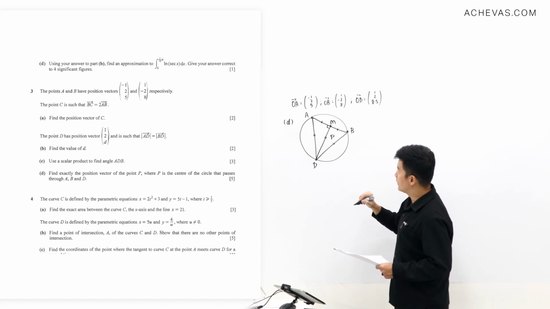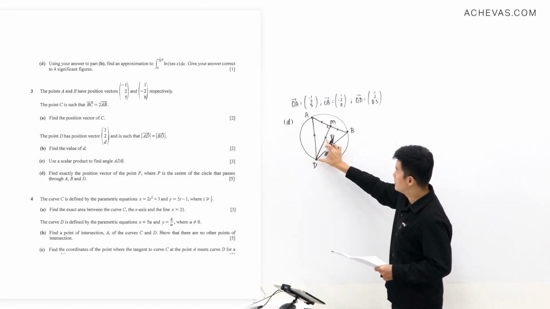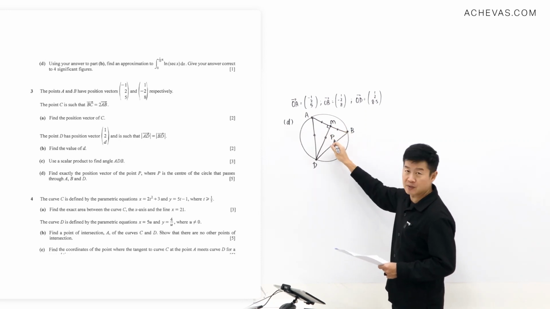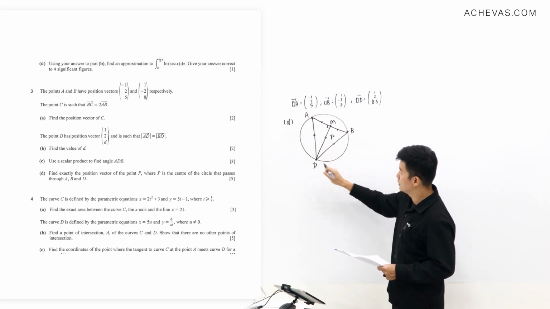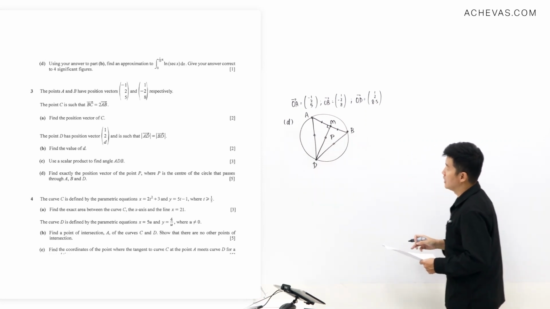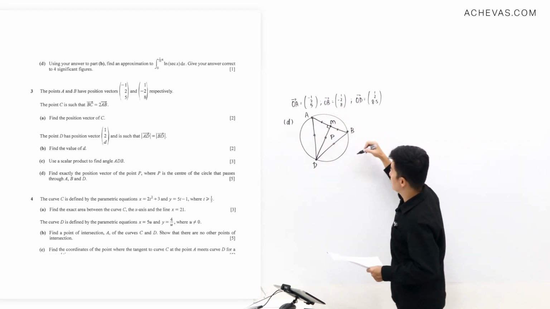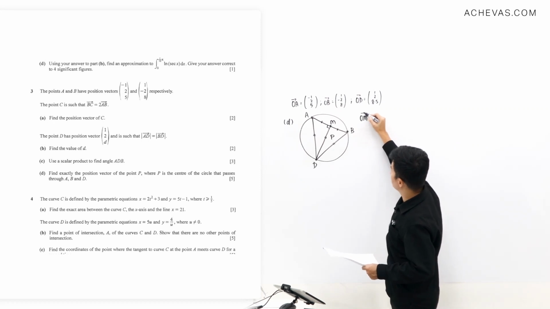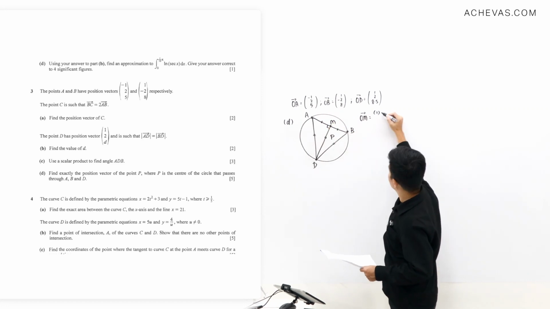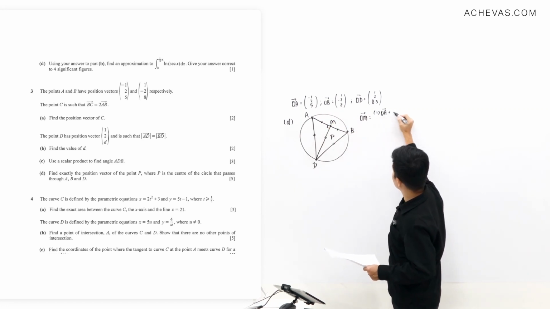And if I can also find the ratio of DP to PM, then I can make use of the ratio theorem to find the position vector of P, because I also know the position vector of D. And because these are two equal lengths, I can actually just find OM first. It is going to be 1 time of OA, using the ratio theorem, plus 1 time of OB, then divided by 1 plus 1.